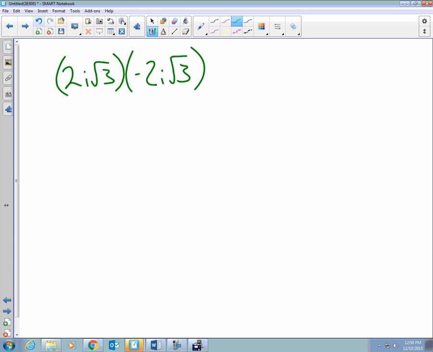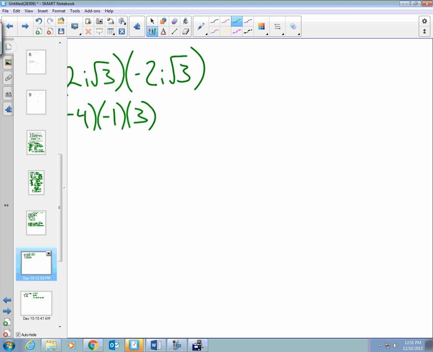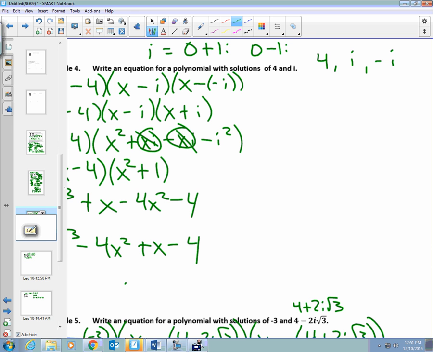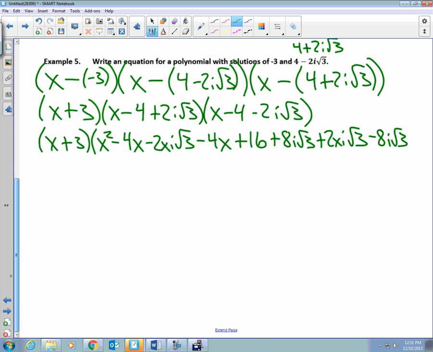Let's just do it. What's 2 times negative 2? i times i. Root of 3 times root of 3. So you get positive 12. If you've done it correctly, everything that has an i should cancel.